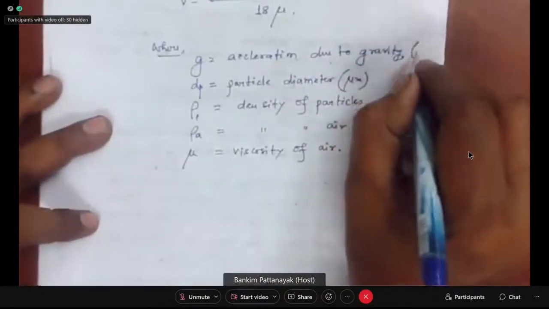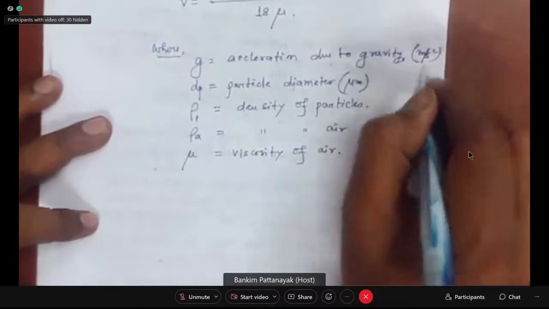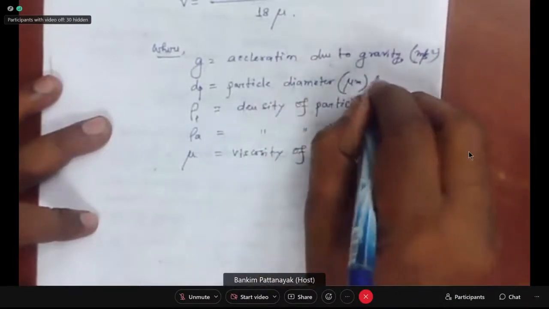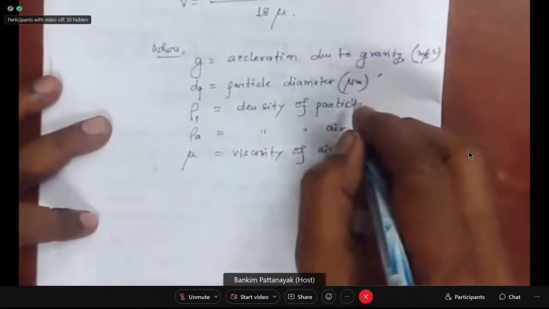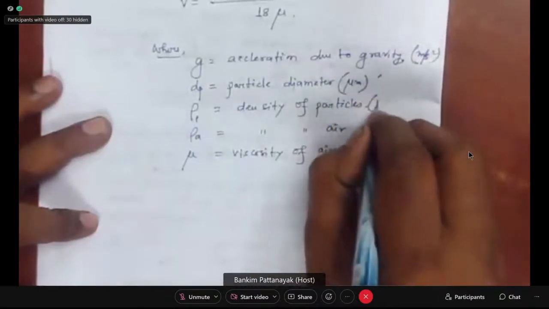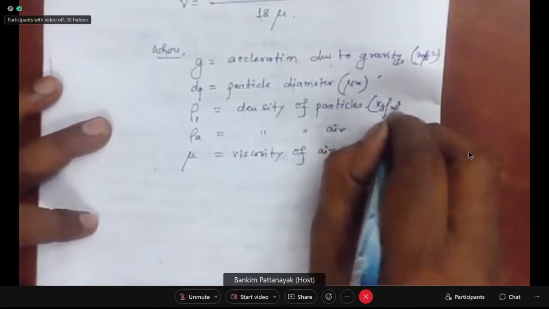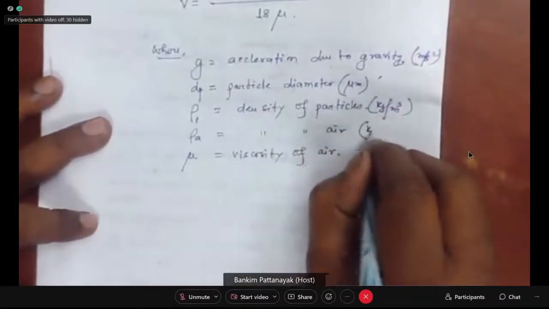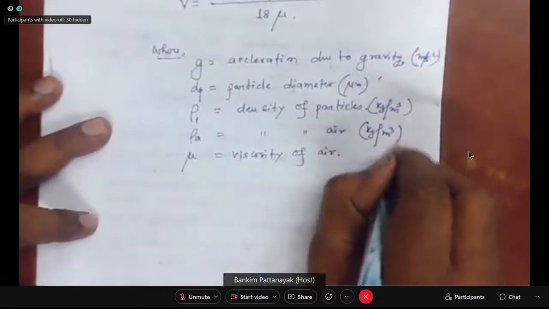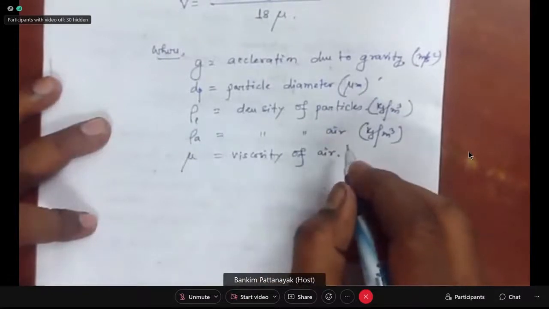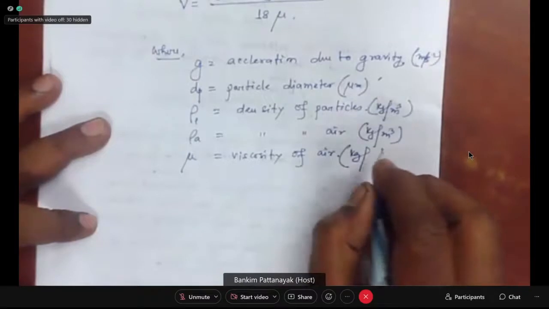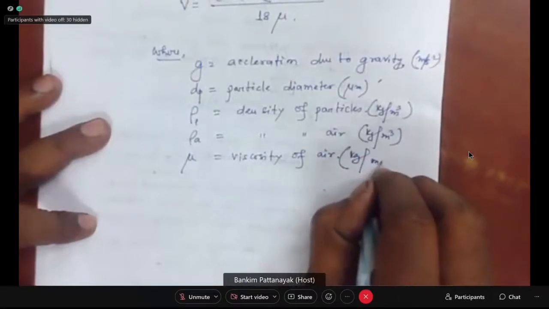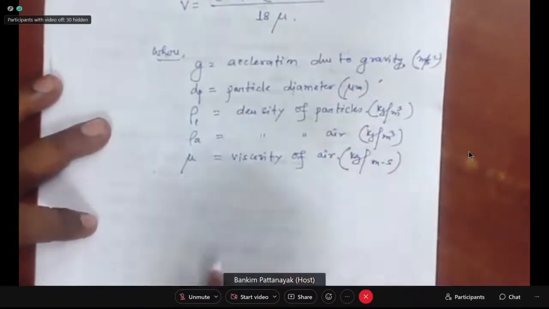g has units of meter per second square, dp is in micrometer, density of the particle is kg per meter cube, density of air is also kg per meter cube, and viscosity of air has units of kg per meter second.